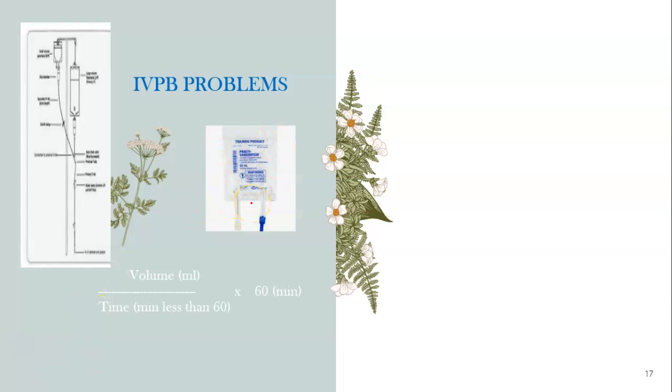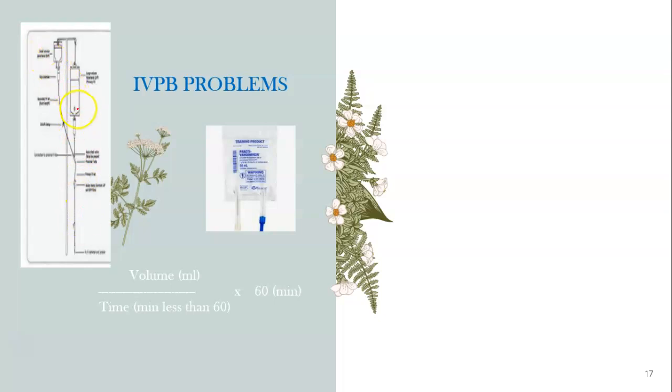And every once in a while, you know how you have this big bag of fluid running? This is called the primary fluid. Well, every once in a while, a nurse will go in the room and hang this little one. And this little one is a piggyback rider. So it piggybacks into my mainline fluid tubing to get to the patient.